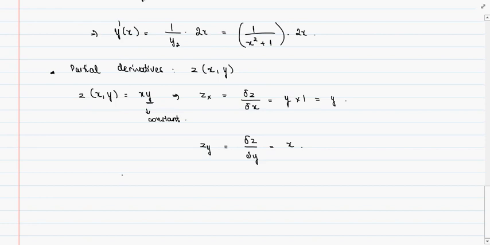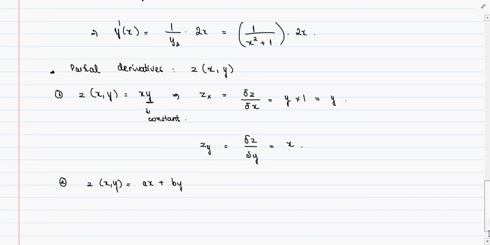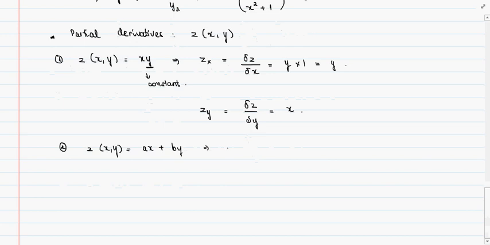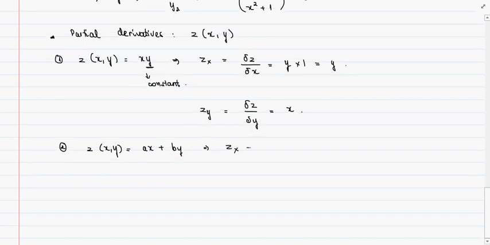Now, the next function, I would say z as a function of x and y equal to ax plus by, for example. If I want to find the partial derivative of the function with respect to x, then I differentiate with respect to x, treating y as constant.